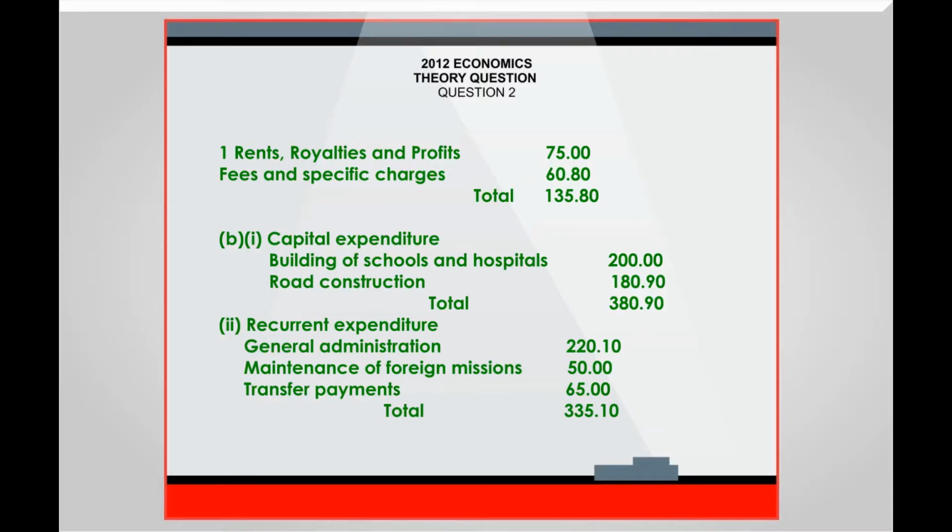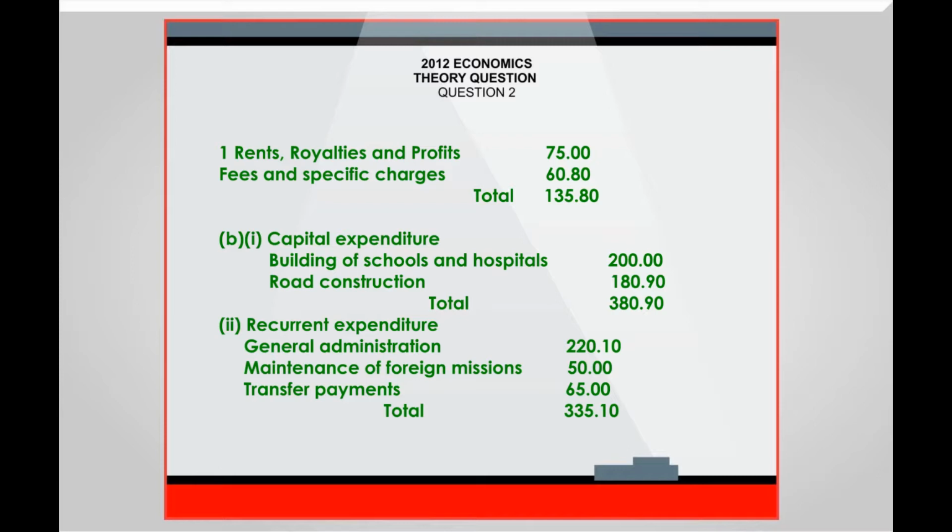Rents, royalties, and profits, 75. Fees and specific charges, 60.80. Total equals 135.80.